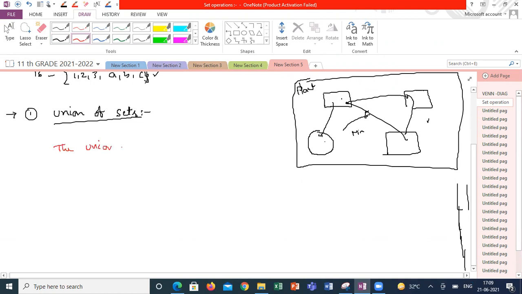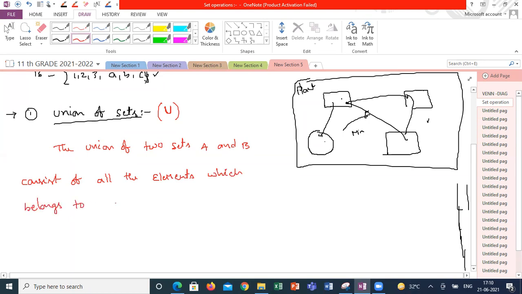So how can I define union of 2 sets? The symbol of union is U. The union of 2 sets A and B consists of all the elements which belong either to set A or to set B. It is not mandatory that an element be available in both the sets.